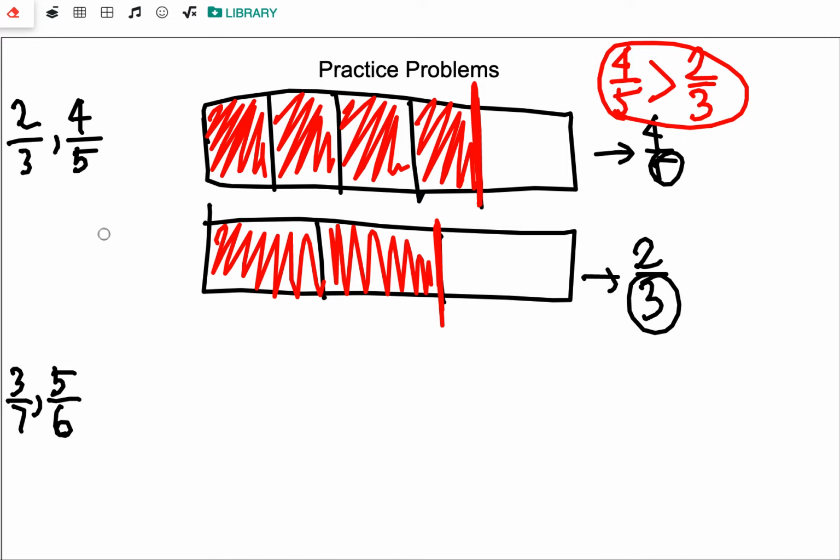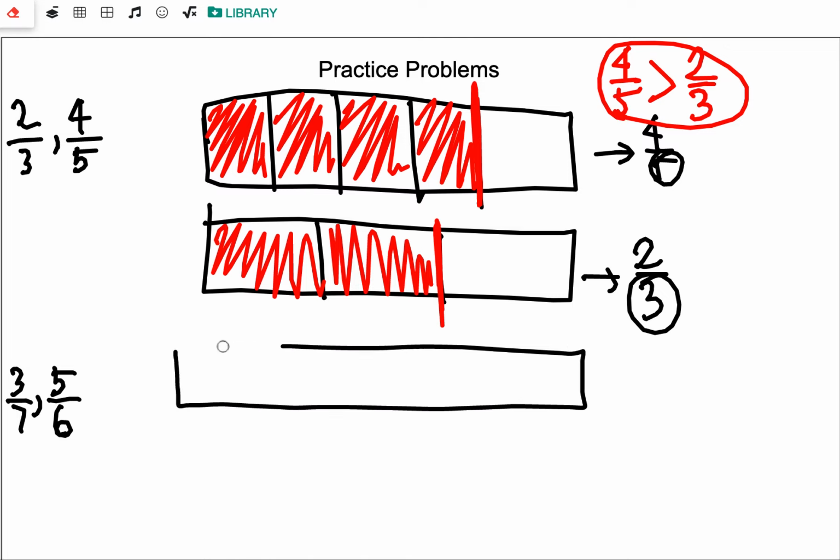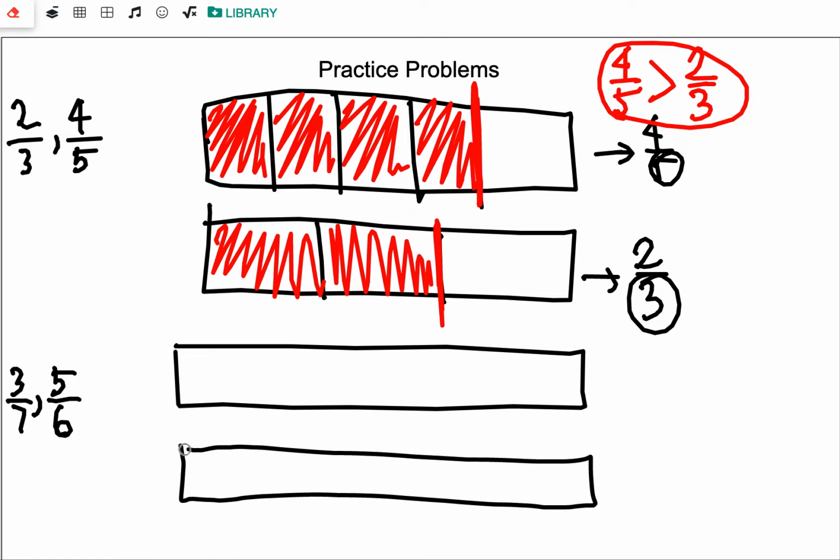Now, let's do another example. Let's do 3/7 and 5/6. Let's draw our 2 bars, one for each fraction, and we should make them of equal length so we can compare them correctly. Let this one stand for 3/7, and let this one stand for 5/6.